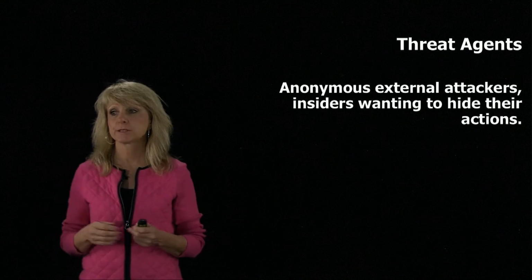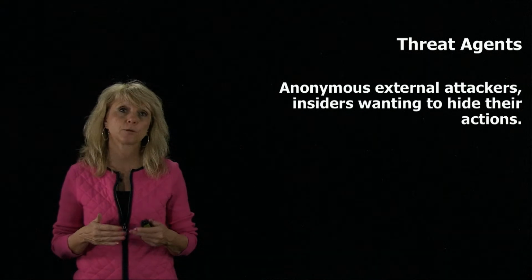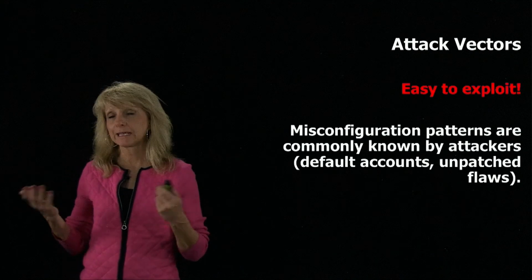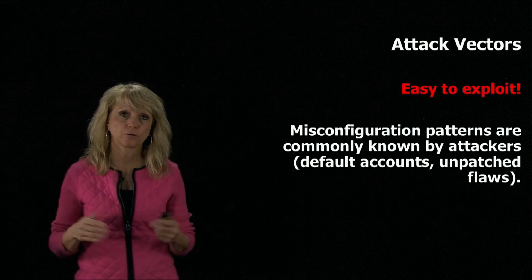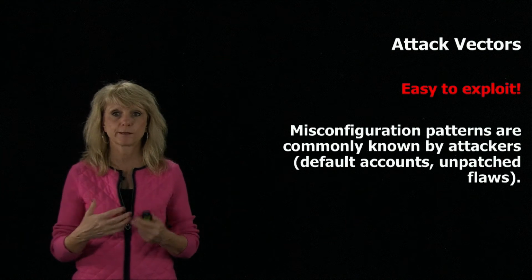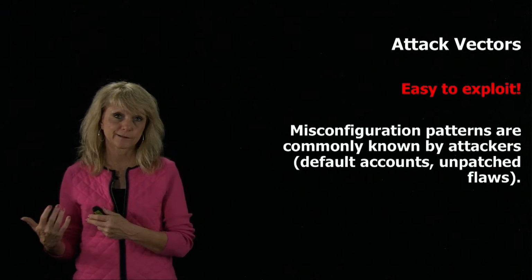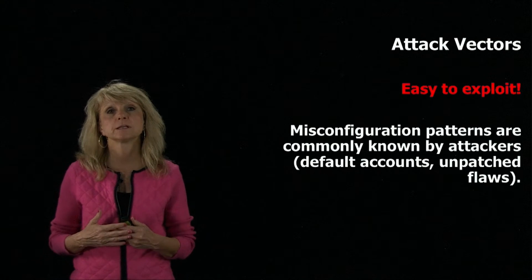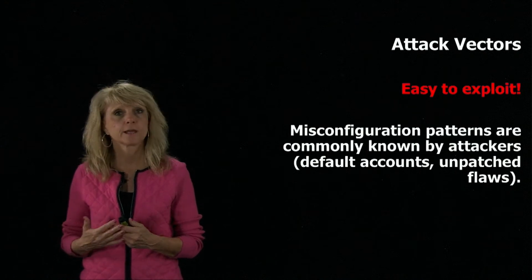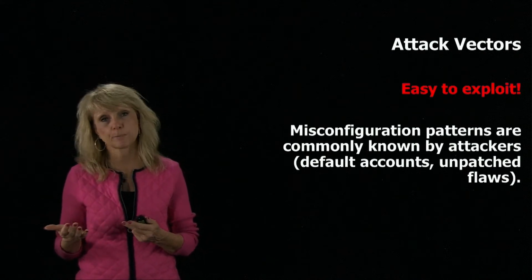So who are the threat agents? Could be anonymous external attackers, but this is also something that could be used by internal insiders. Very easy to exploit. If you're an attacker, you can look at listings and easily find out which products have default settings, and when these default settings are set insecurely and they're not secure by default, you can find out what products have default passwords and then use those default passwords, assuming that many people won't change the passwords.